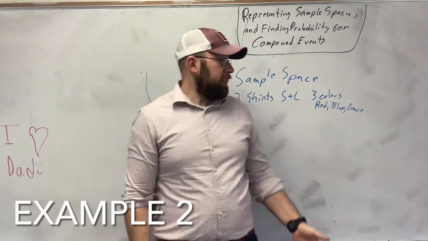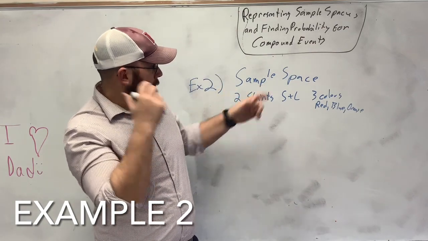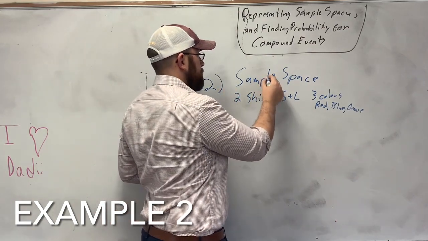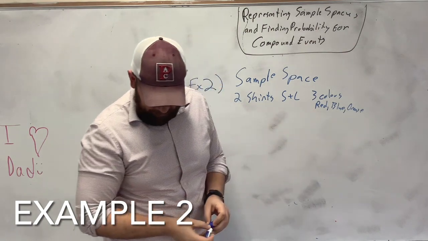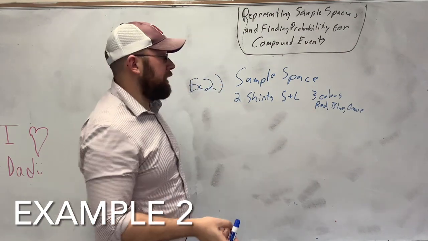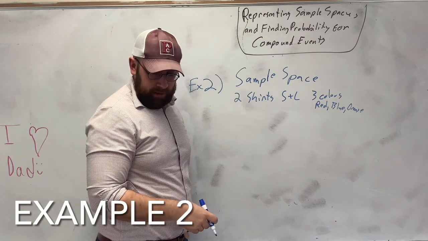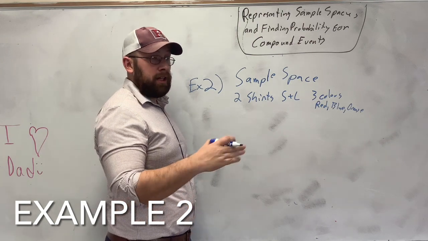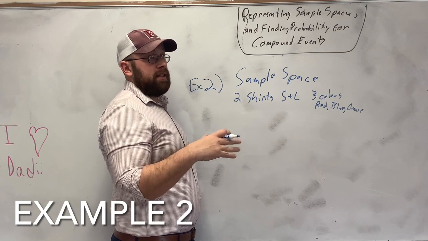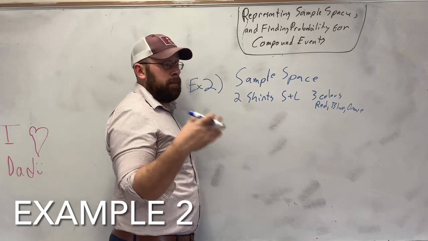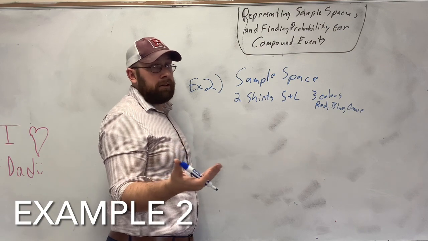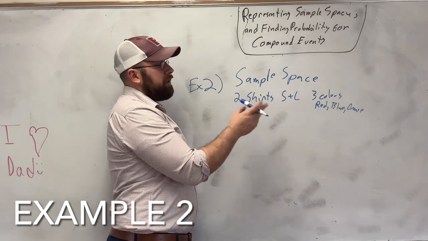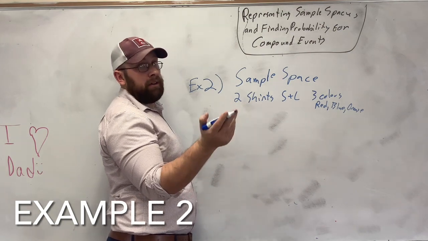All right, here's our example number 2. I want to know what the sample space is of 2 shirts and 3 colors. This is just sample space. The sample space, like I said when we were talking about the cube and the heads and tails, is just all the outcomes you could have. You can do this different ways. You can make a tree diagram if you want.